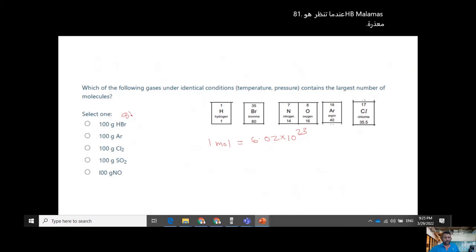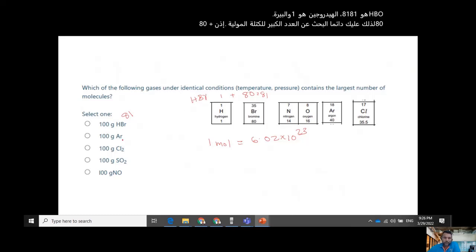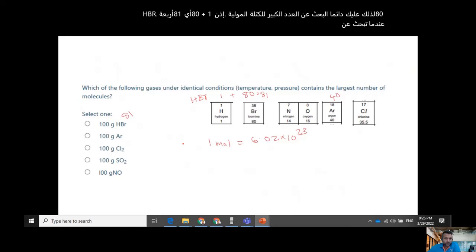HBr is 81. How 81? Hydrogen is 1 and Br is 80. So you have to always look for the big number for the molar mass. So 80 plus 1, that is 81 for HBr. When you are looking for argon, it is just 40. For chlorine, it is Cl2.